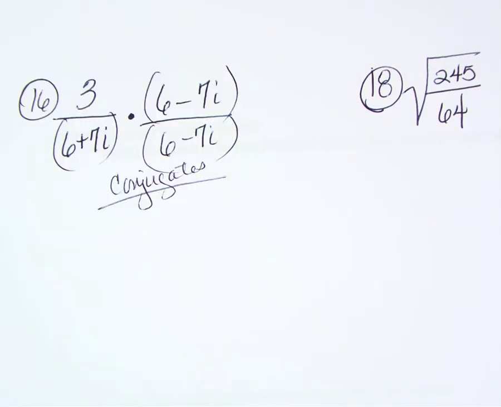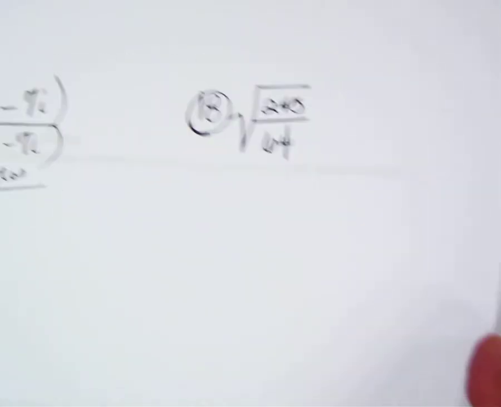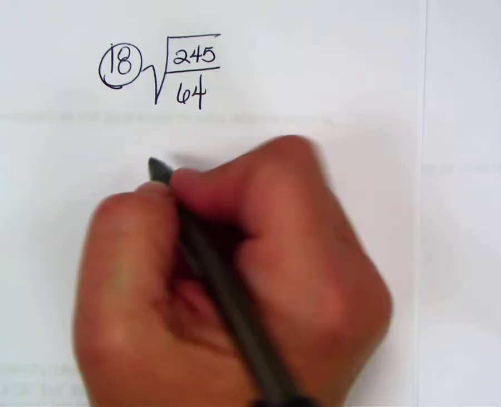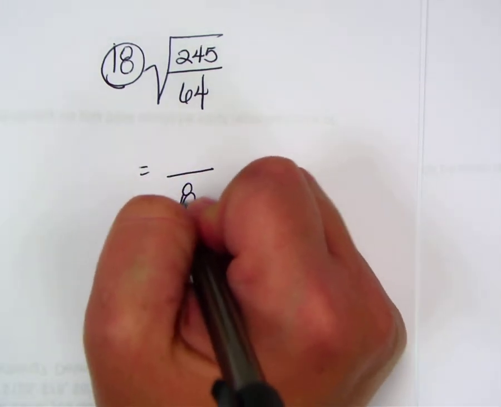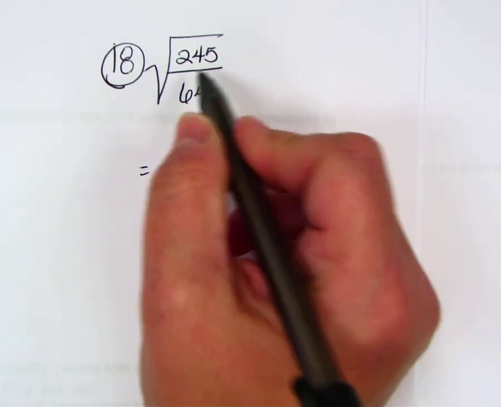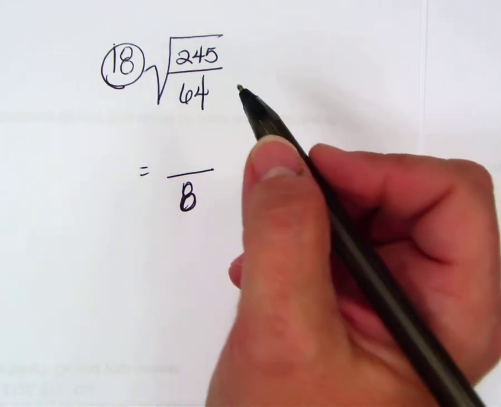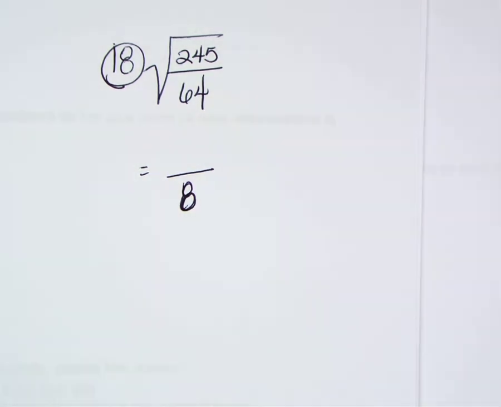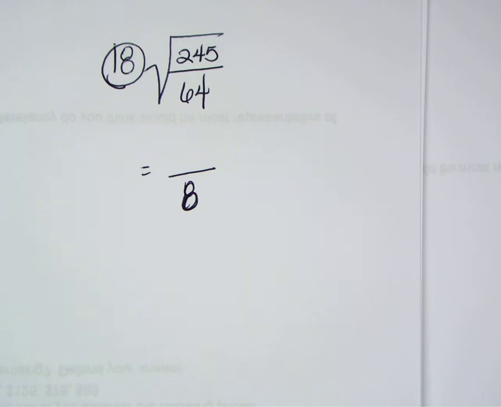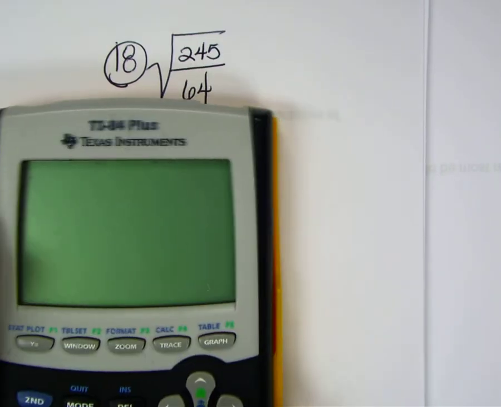Okay, number 18. The square root of 64 is 8. Now, 245 is not a perfect square, but it must contain one, because if you look at your choices, the square root of 245 is not on there. I have 7s and I see 5s. I'm going to see if 49 will go into it evenly.